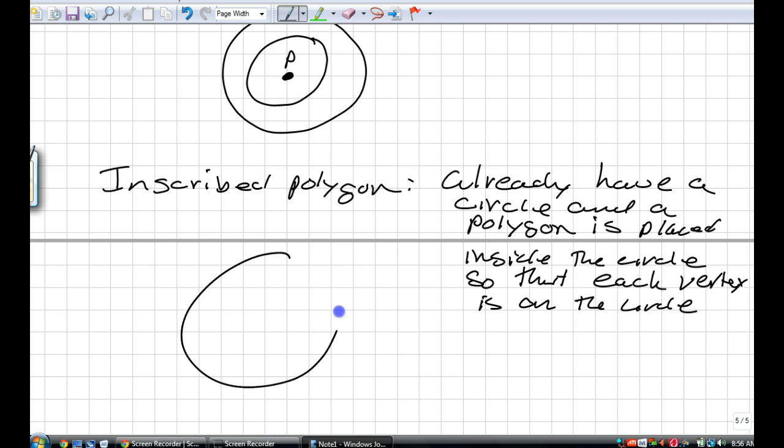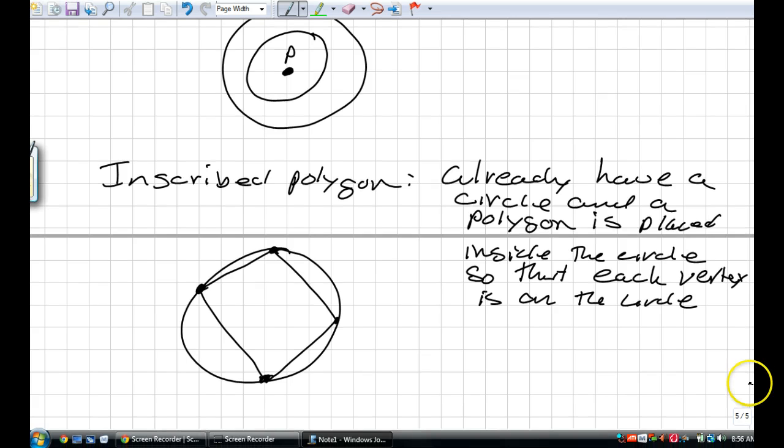So if I start out with this circle and I want to inscribe a polygon, I construct the polygon so that each vertex touches the circle. Okay, so that would be an inscribed polygon.